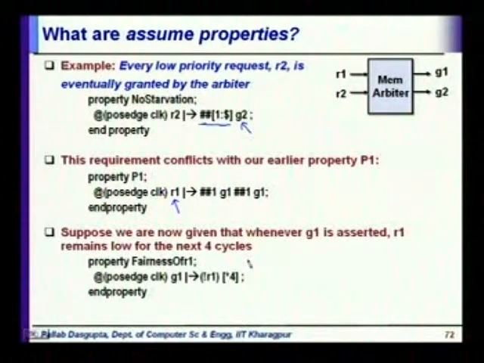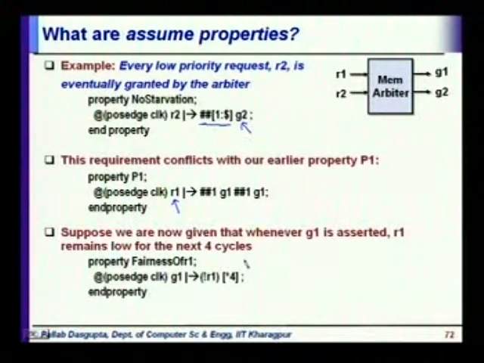This is not a property of the arbiter. This is a property of the device which drives R1. That device which drives R1 keeps R1 low for 4 cycles whenever it gets a grant.